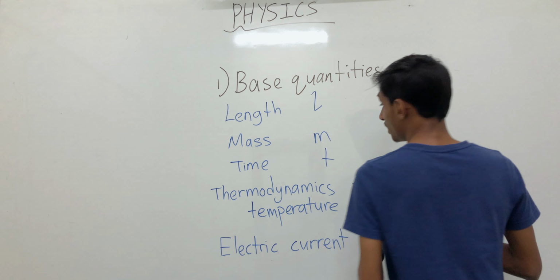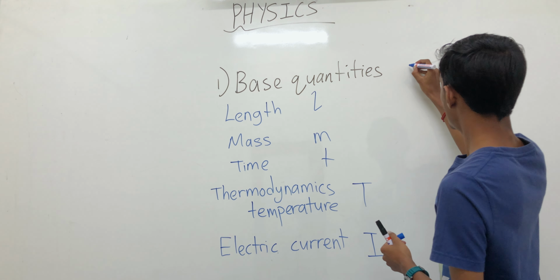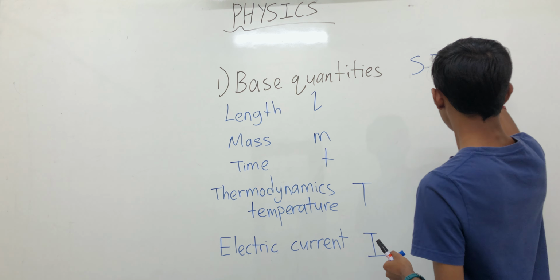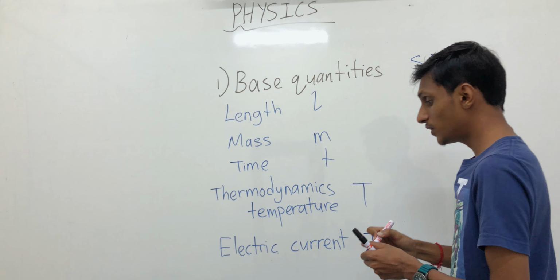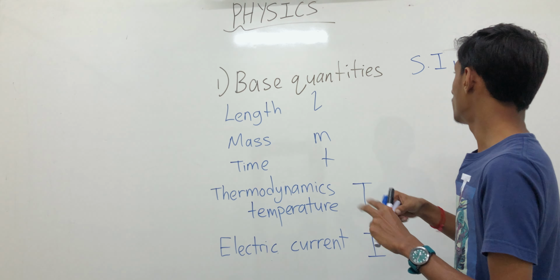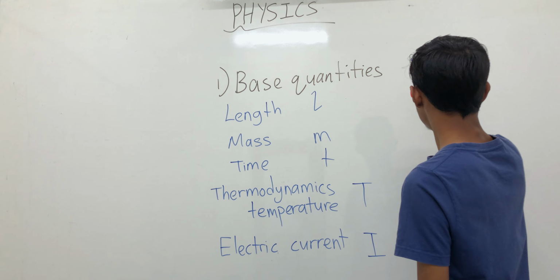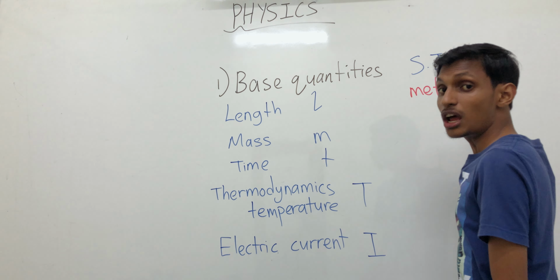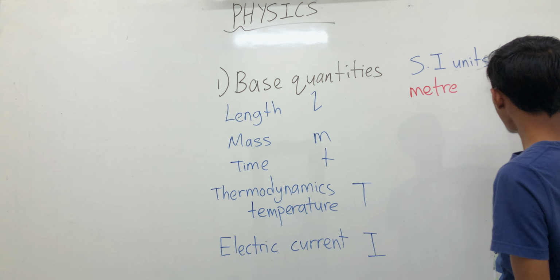Now we need to know the SI unit. I'll write it now. SI units. So for length, we don't use L. For the SI unit we use meter. That's it. Meter is the SI unit. The symbol to represent meter is pretty easy: m.